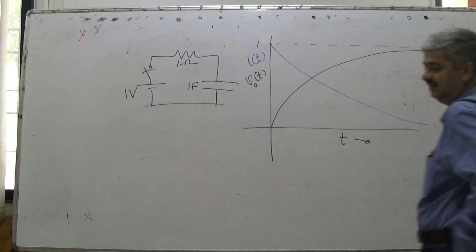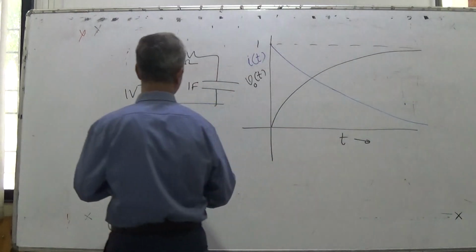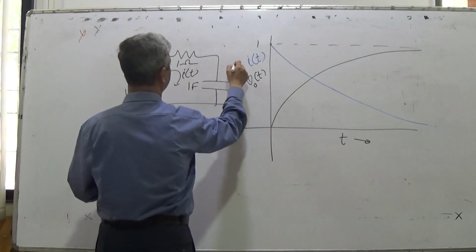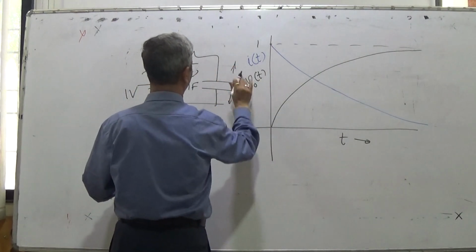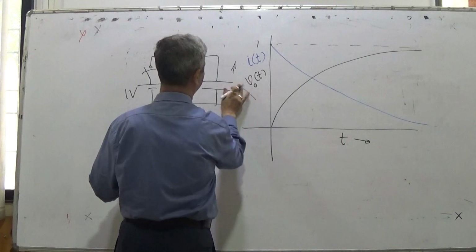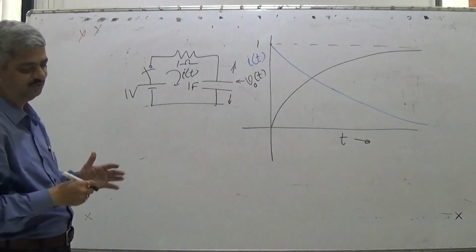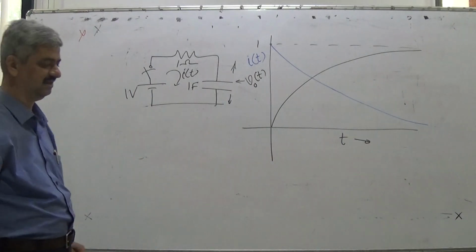So VOT is voltage across the capacitor, and IT is the current in the circuit. VOT is this voltage. So this is the answer.